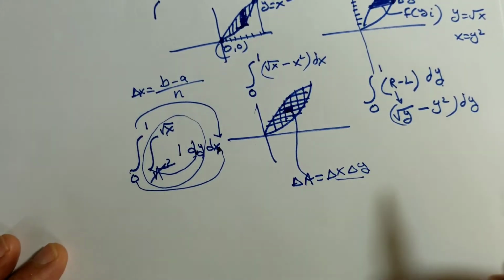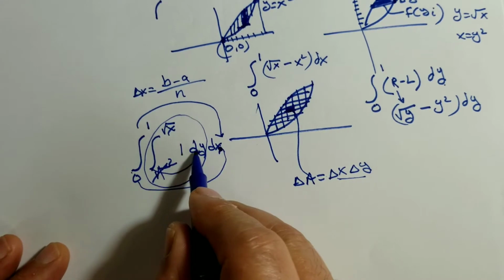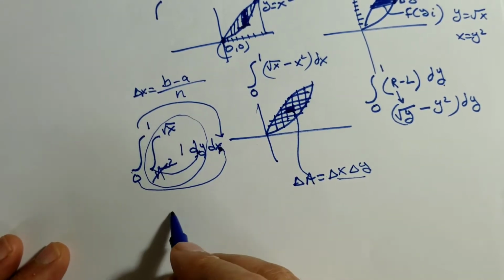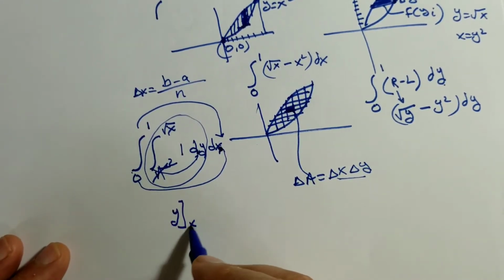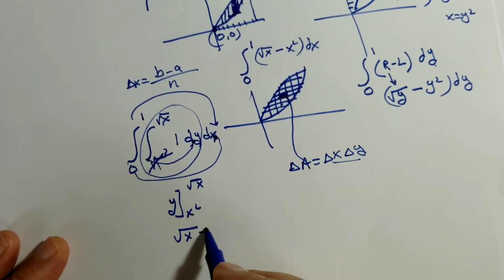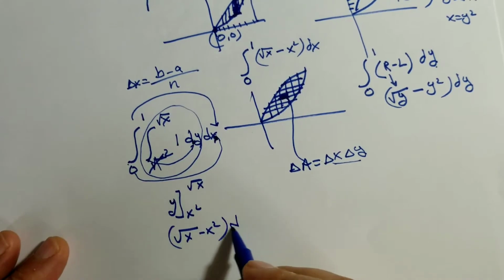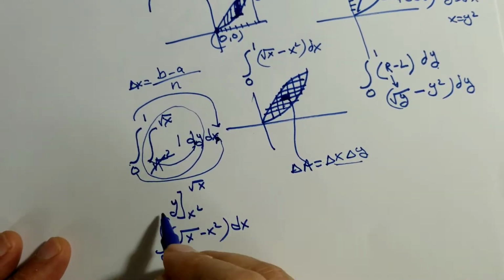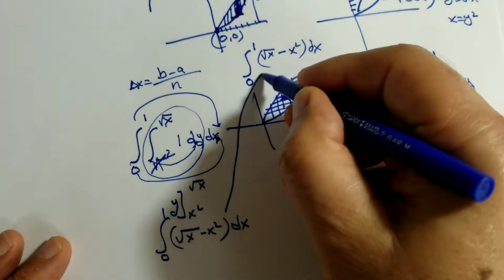And I'm going to explain the other way around. Therefore, here, the function with respect to y whose derivative is 1 is y, and that becomes x squared to square root of x, which becomes the square root of x minus x squared. This is a function of x. You integrate it with respect to x from 0 to 1, and you get exactly that one back.